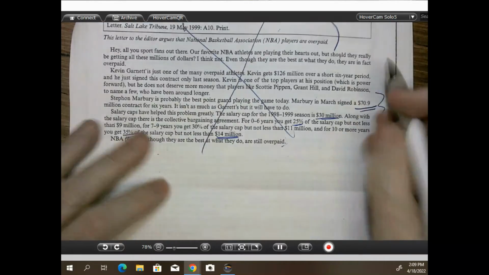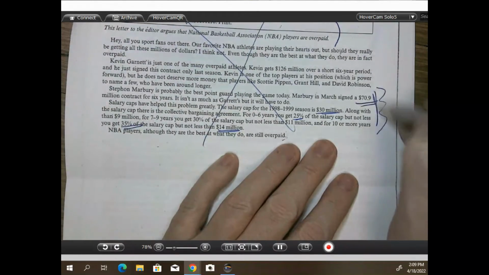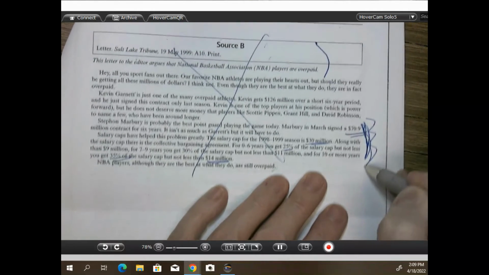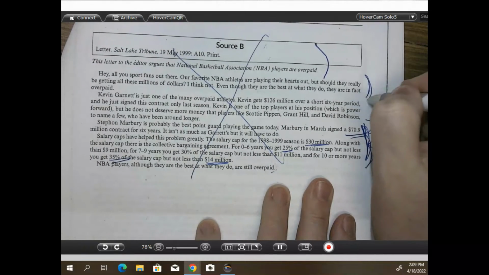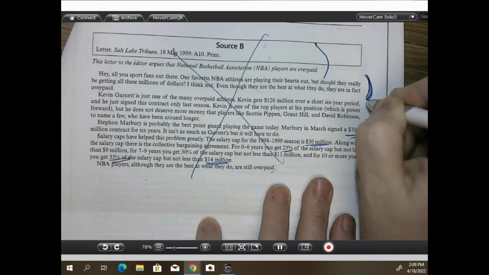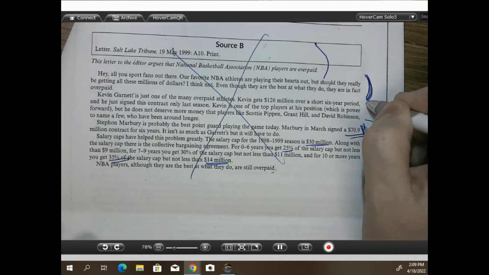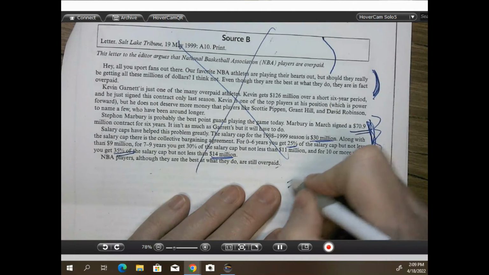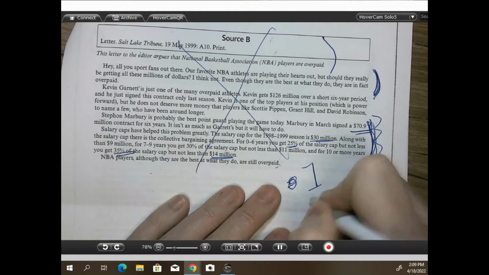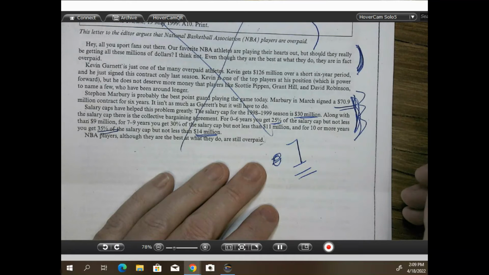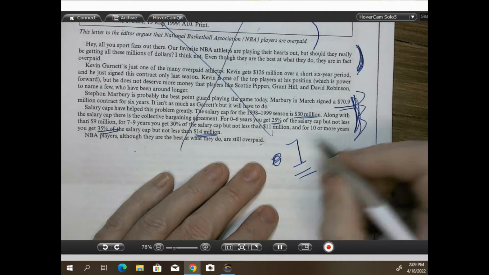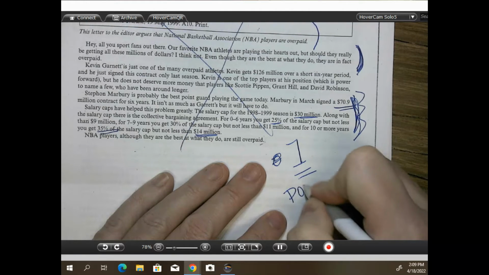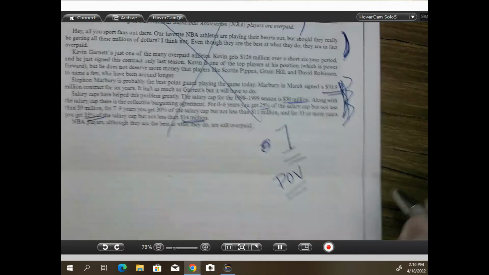But here is the deal. Can you use this evidence and say that this is factually correct? Can you look at this opinion and say that this is what most people believe? No, because this is the view of one random person. You can use it to show that there is a certain point of view out there.